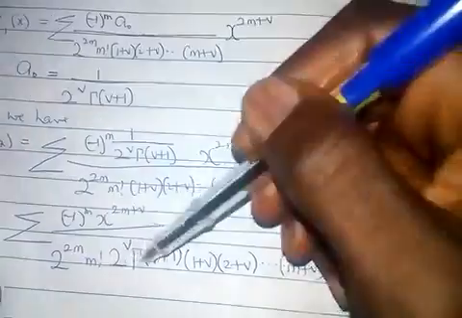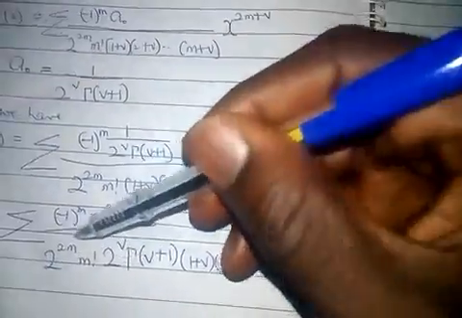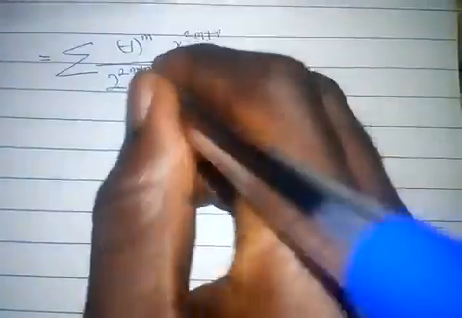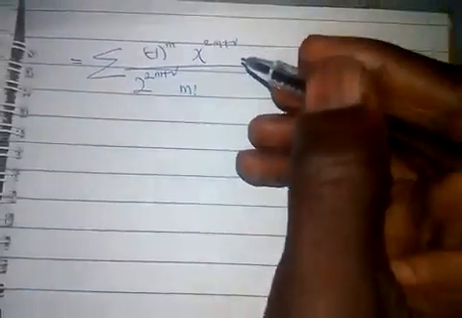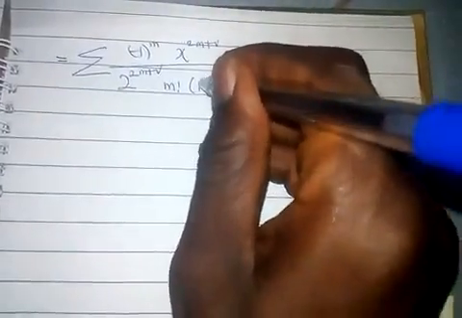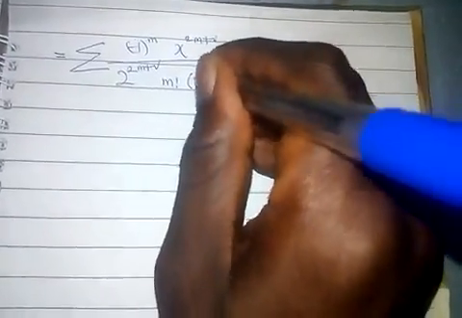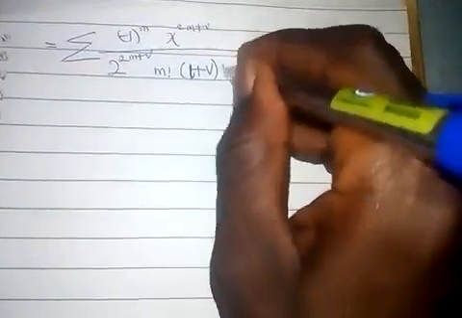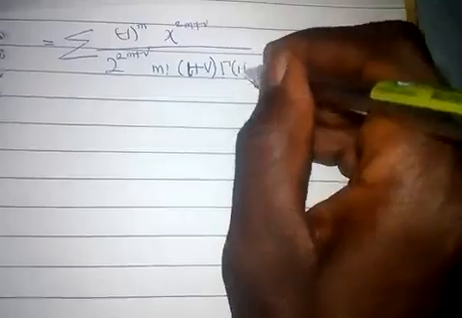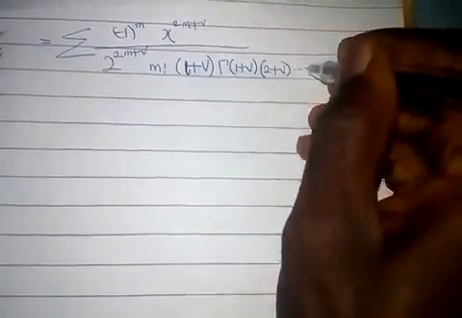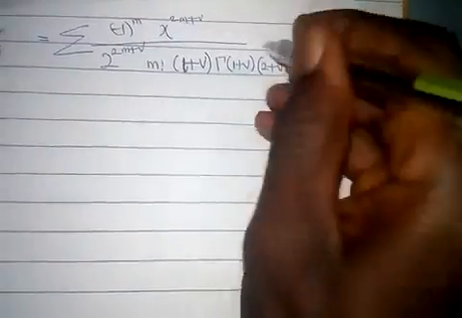That means 2 is common. So you pick one and you add indices, just indices. m factorial, okay, let's use 1 plus v, anyone. 1 plus v gamma 1 plus v, then 2 plus v, m plus v.